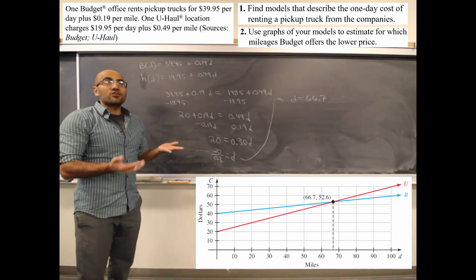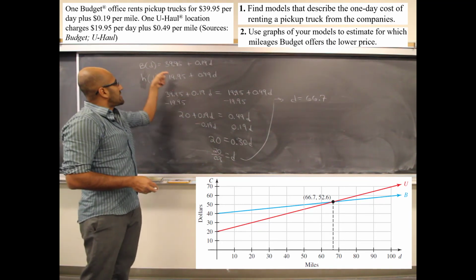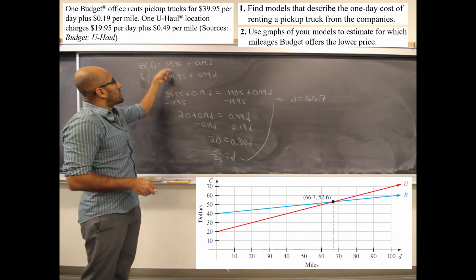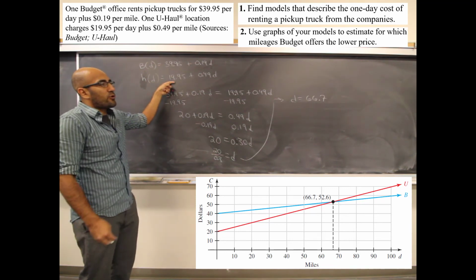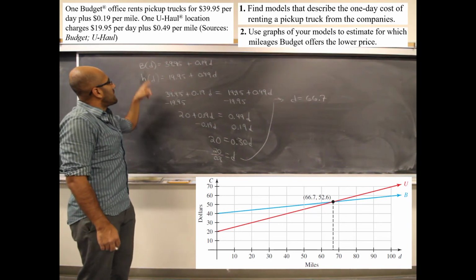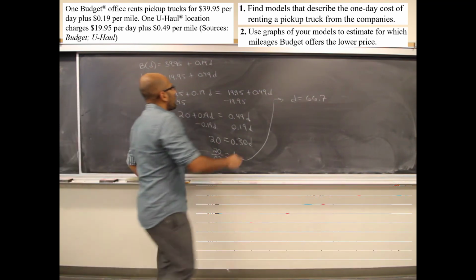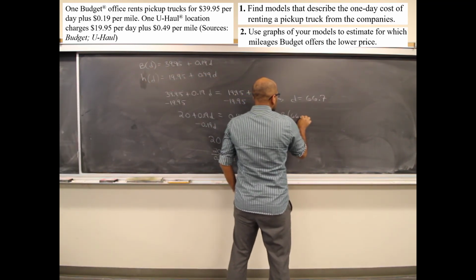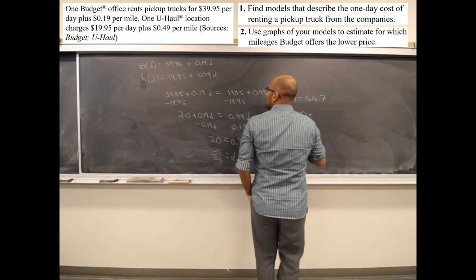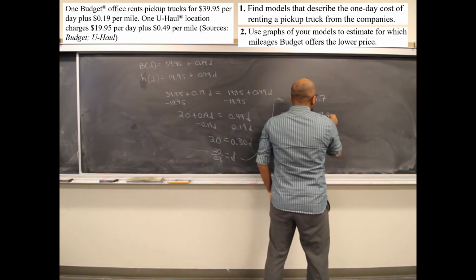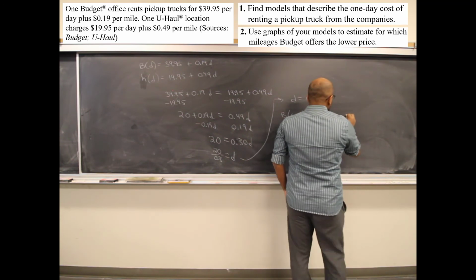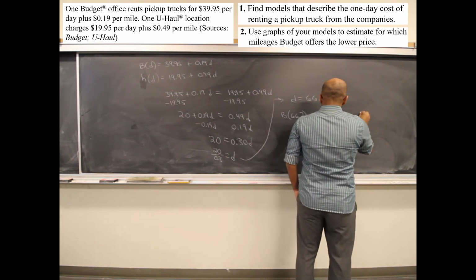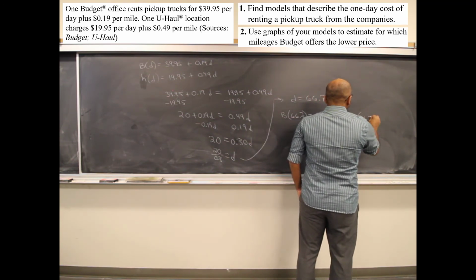Now to find the actual cost, you can take either one of these equations and plug in 66.7 and then you'll get the same result of 52.6. So for B of 66.7, that's going to be equal to 39.95 plus 0.19 times 66.7.